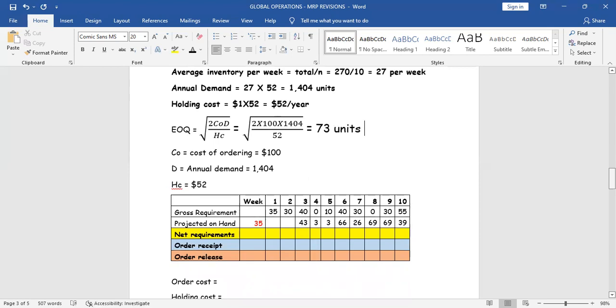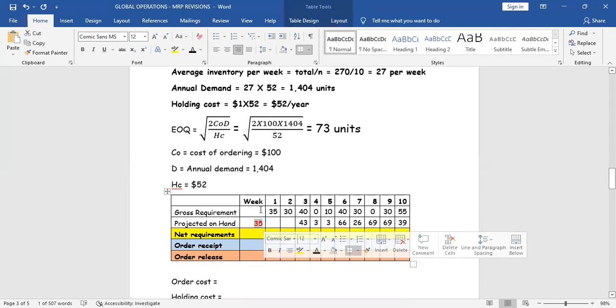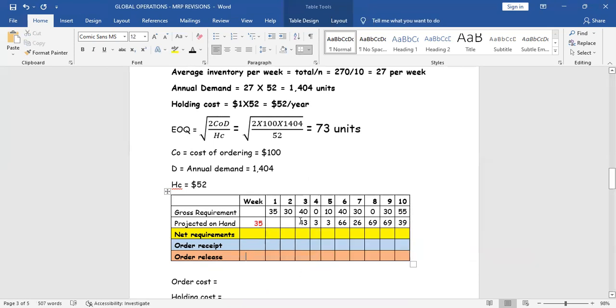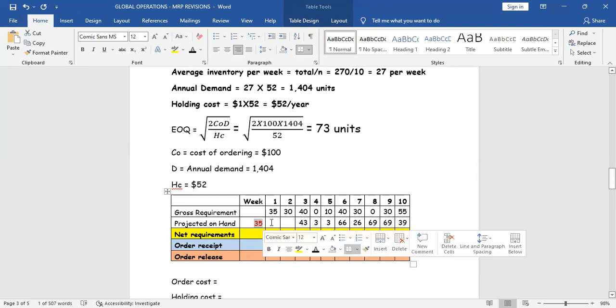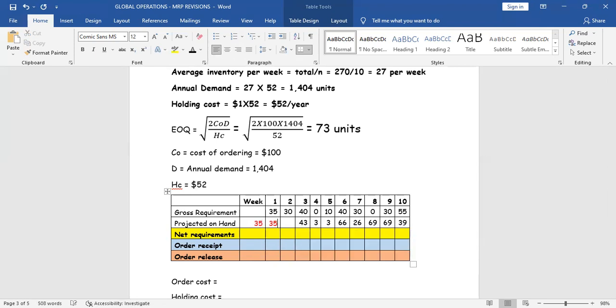Our net requirement, as you can see, we still have the 35, which is coming from the other period as projected on hand. But the new thing is that we also have projected on hand in other weeks here, which is very exciting. So this 35, as usual, will be pushed into week 1 as the opening inventory.